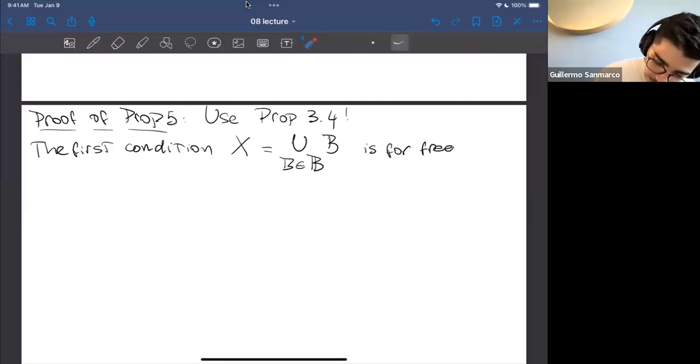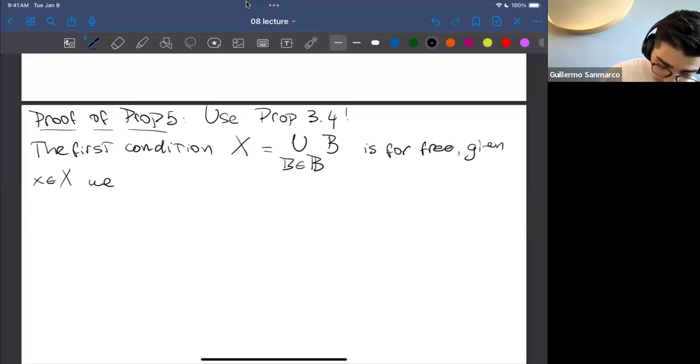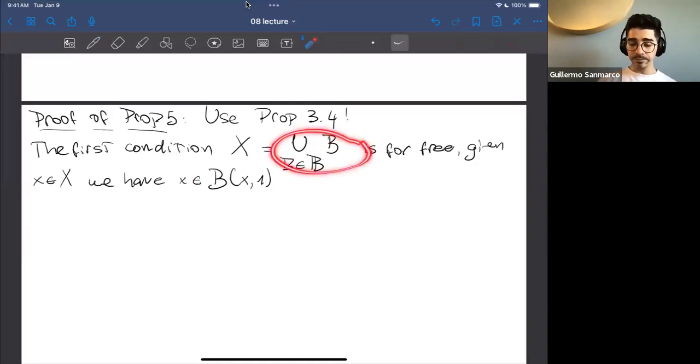Of course, this inclusion is always true, but for the other one, if you take an arbitrary x, then we can just include it in some open ball. Given an arbitrary x in X, we know that x is going to be an element in any ball centered at x of positive radius, say radius 1. So x is in one of these balls, which means it's also in the union. So that's not the complicated part.